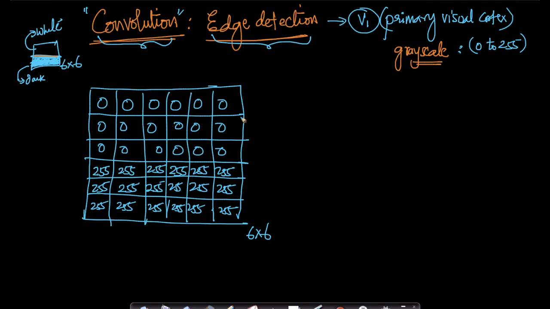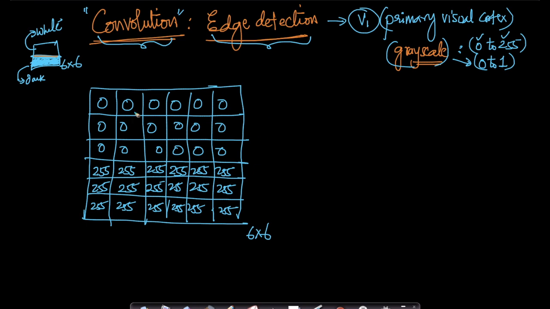Given these images, this is a simple grayscale image. Of course, you can also scale your grayscale images from 0 to 1 by normalizing the image, because the maximum value is 255 and the minimum value is 0. If you do min-max normalization, all these values will be 0, all these values will be 1. It depends on how you're representing your grayscale image.